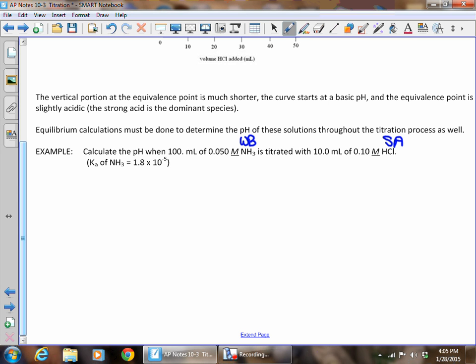We know we're going to have a strong reaction. The strong always leads the way, so we're going to have a strong reaction first. So we're going to start with CBAC, and then we're going to have a weak reaction. We're going to use RICE at that point when we start analyzing our weak base. I don't know if I said acid or not, but it's a weak base.